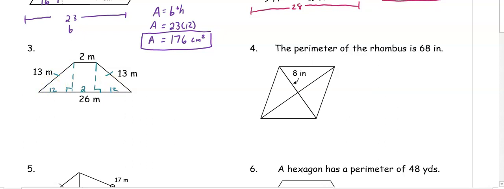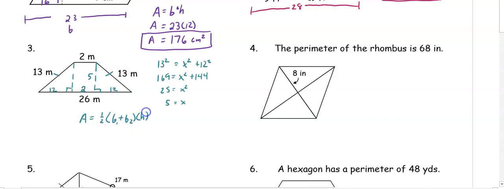This will allow us to do Pythagorean theorem to find the height. So we have 13 squared equals x squared plus 12 squared. 169 is equal to x squared plus 144. 25 equals x squared. So x is 5 for our height. So the area of a trapezoid is 1/2 base 1 plus base 2 times our height.